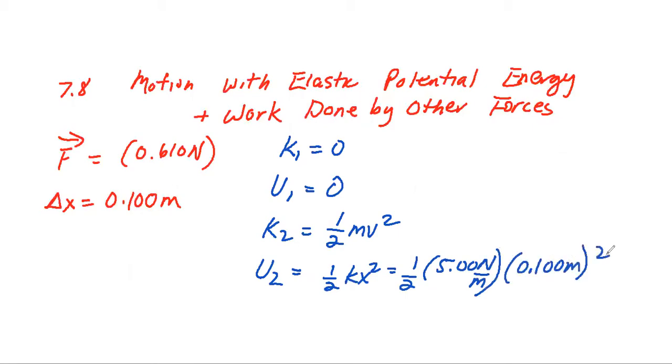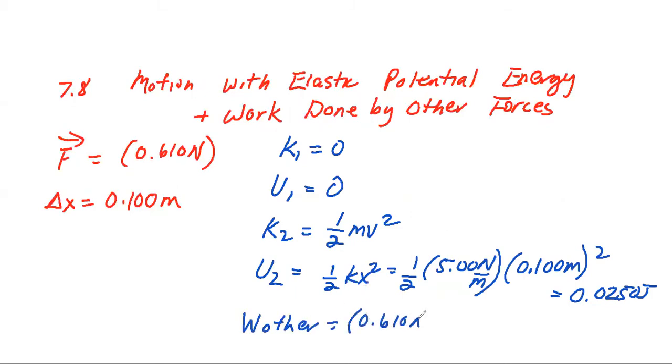What is the glider's velocity when it has moved delta x equals 0.100 meters?